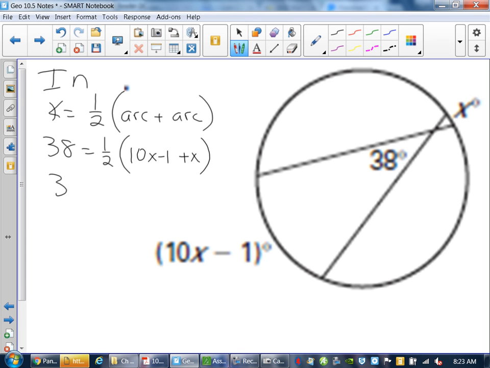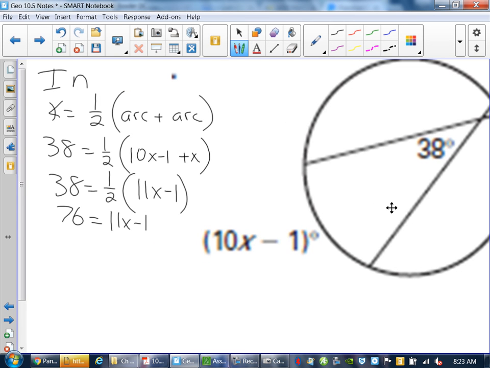So we have 38 is half of 11x minus 1. Do I want to take half of odd numbers? No. So multiply by 2 to both sides. We had a 38 doubled earlier. It was 76. Good. So we have 76 is 11x minus 1.